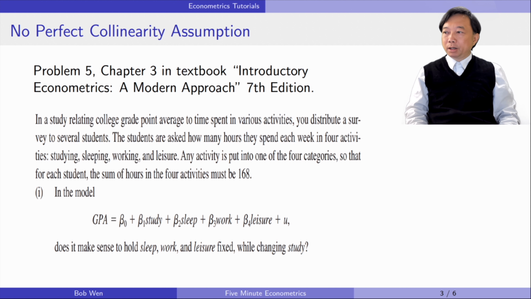Any activity is put into one of the 4 categories, so that for each student, the sum of hours in the 4 activities must be constant. The model violates the No Perfect Collinearity assumption because the 4 explanatory variables sum up to a constant. We can express any variable as a linear function of the other 3. We should drop one explanatory variable from the model to avoid perfect collinearity.